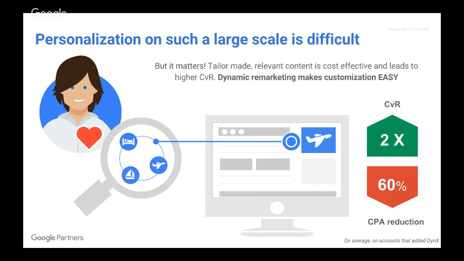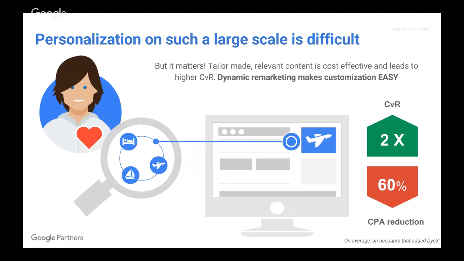If you're later exposed to an ad that will show you this exact pair of shoes, you will be much more likely to go back on the website and buy this specific pair of shoes, rather than if you're exposed to, I don't know, a dress, for example, that's sold on the same website. So that's why it's important to use tailor-made ads and relevant content based on what the user did before.